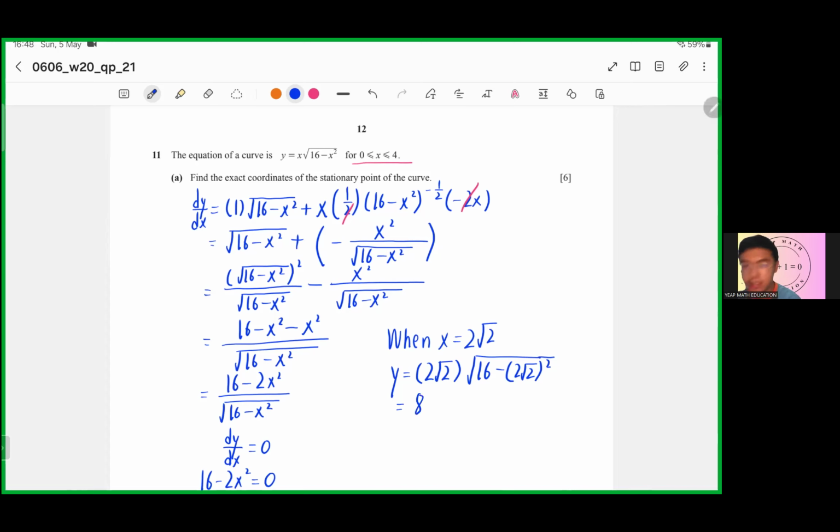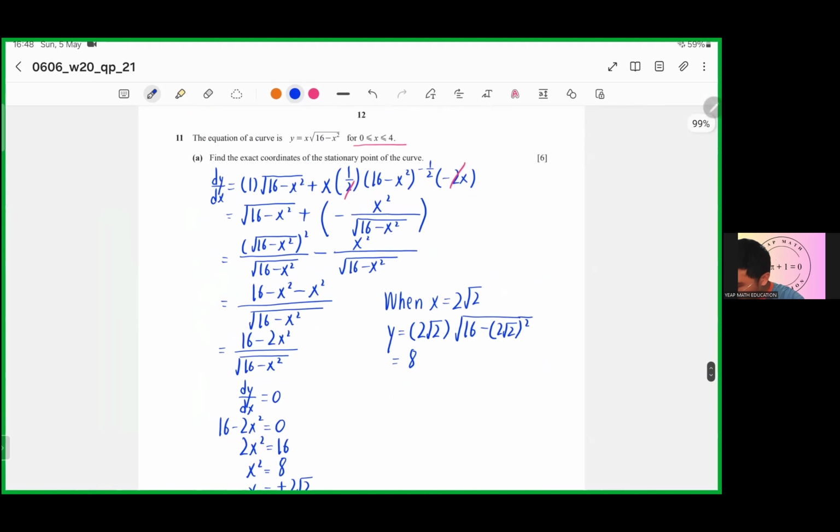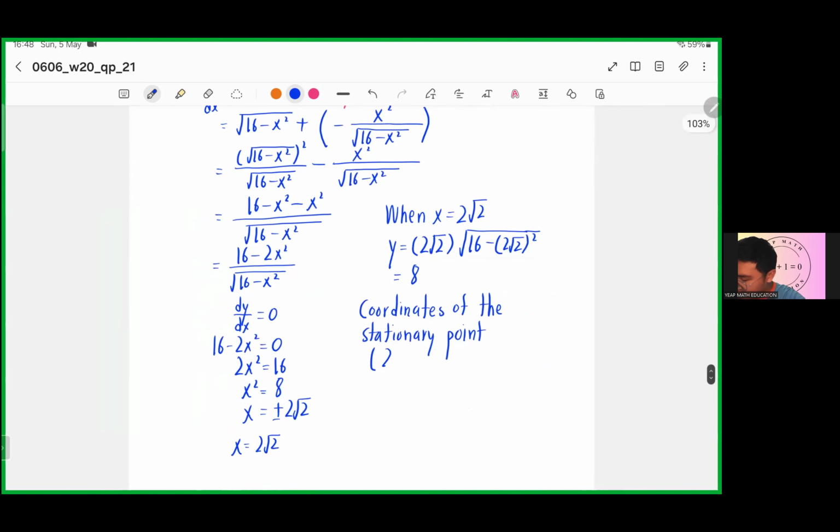We get the answer 8. So our coordinate of the stationary point is actually (2, 8). Okay, I hope everyone can understand.